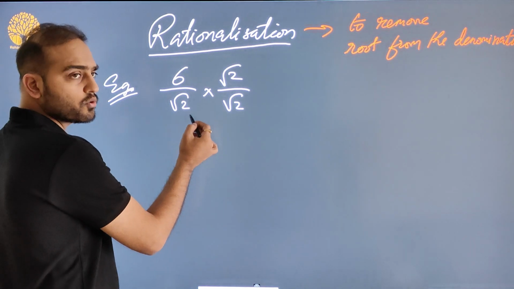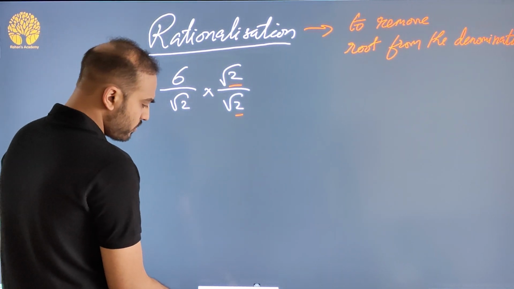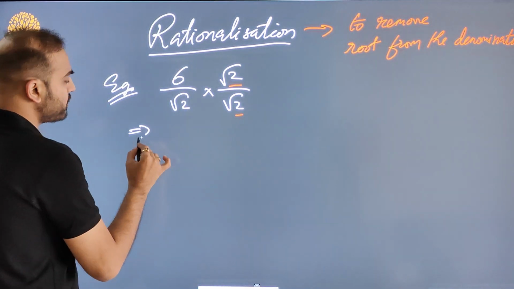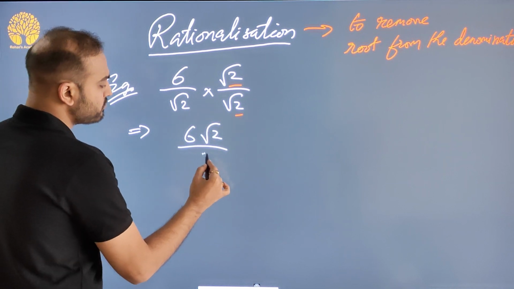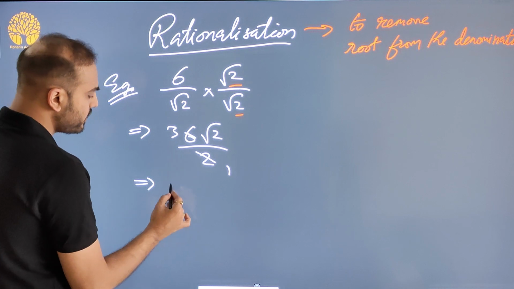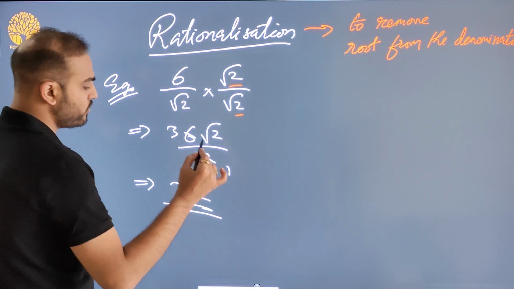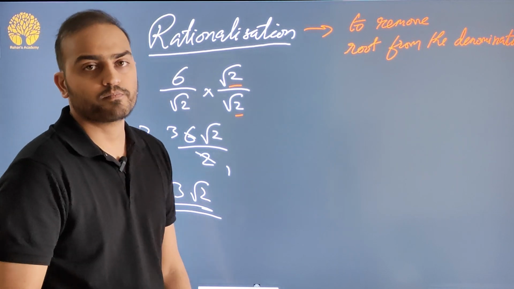Since there was a single root here, what did we do? We just multiplied by the same term. So what happens because of this? Numerator becomes 6 root 2, root 2 times root 2 is 2, denominator becomes 2, you can cancel it, answer becomes 3 root 2.